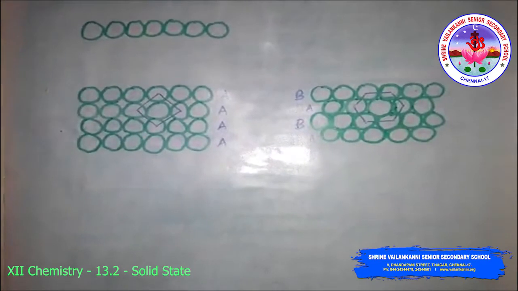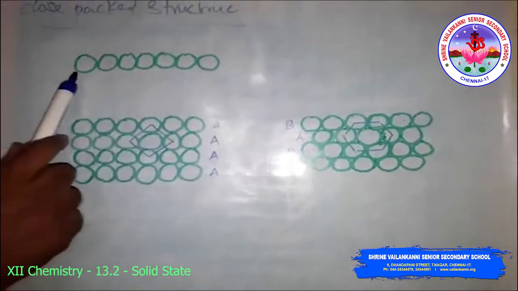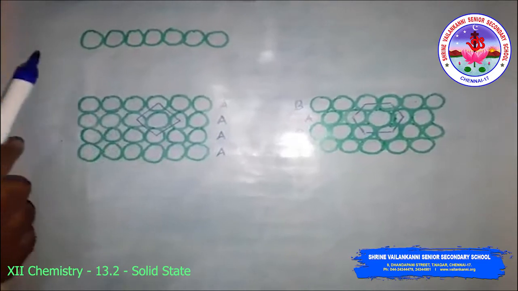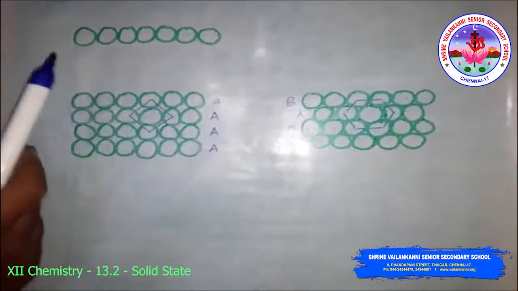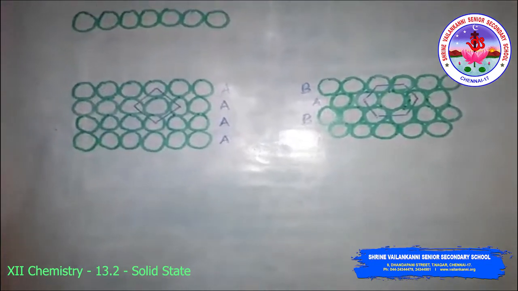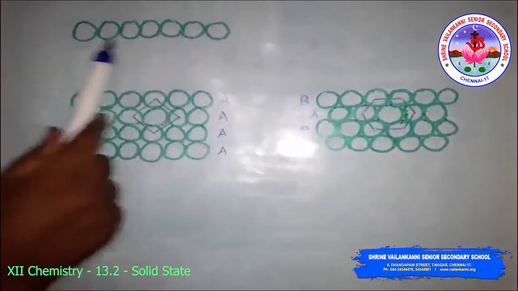Now first we will discuss the close packing in 1 dimension. There is only one way of arranging spheres in a 1 dimensional close packed structure. That means arranging them in a row, touching each other. Look at this, touching each other.